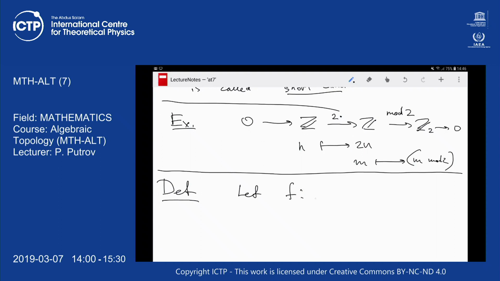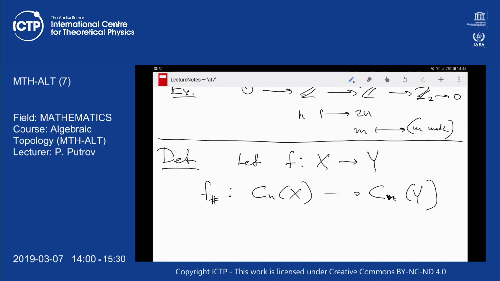So let f be a map from topological space X to topological space Y. Again, we always consider maps to be continuous. Then there is an induced map between the corresponding chain complexes, which acts on C_n of X and gives an element of C_n of Y.